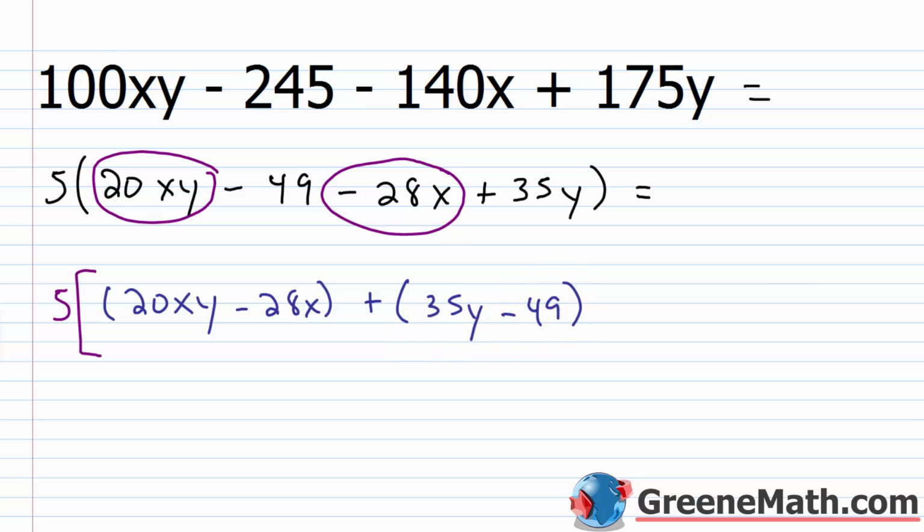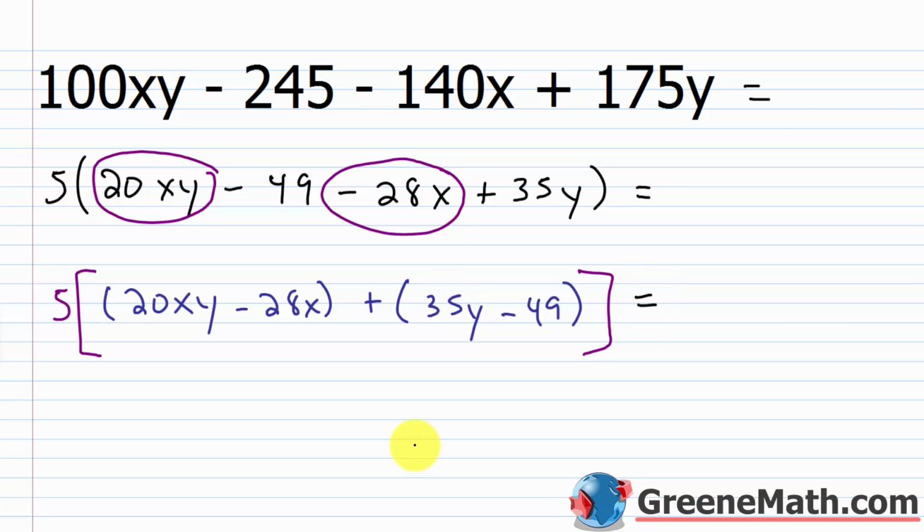All right, let me close those brackets. The reason I switched these around, if you notice, this 28 is larger than this 20. So I just followed that same order. This 49 is larger than this 35. Okay, so that's where I got that.